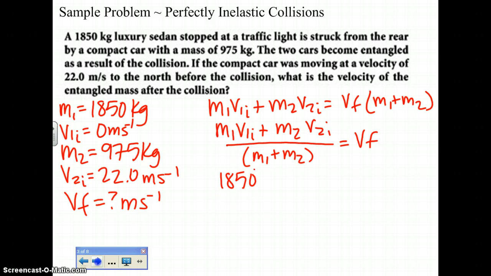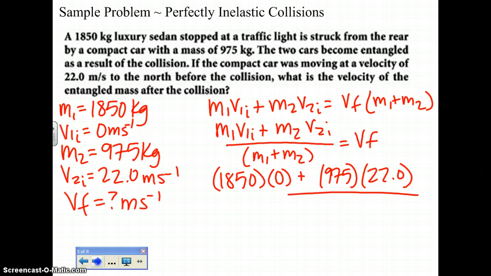M1 is 1850 times 0 plus 975 times 22.0, and all of that is divided by 1850 plus 975.